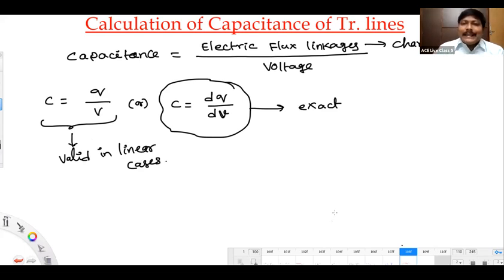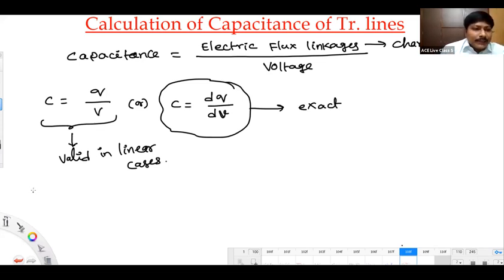See, what is the nature of energy stored in the capacitor? Electric energy. So what is the peak electric energy stored in the capacitor? It is half C V square, but that voltage we should take as maximum voltage, or you can say peak voltage.